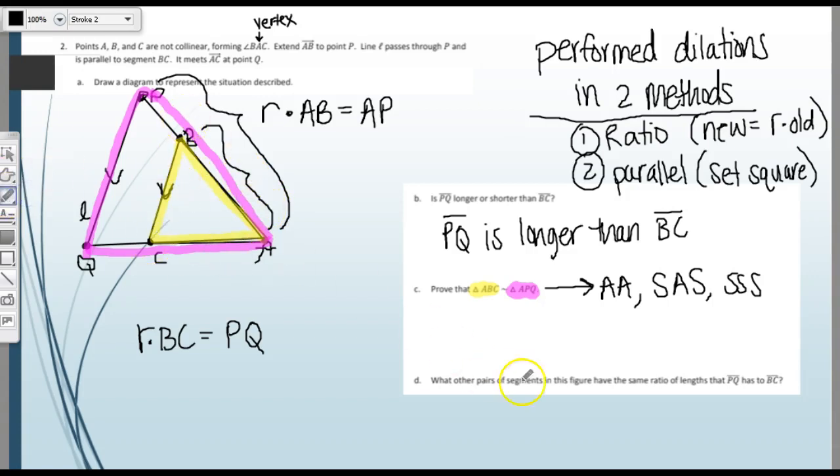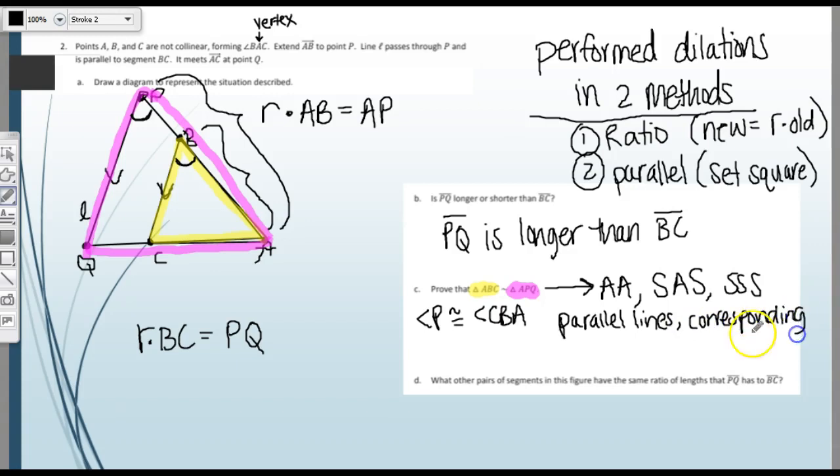So why do you want to say those 2? Why do you think that angle P is congruent to angle CBA? Yes! Y'all see that? P and CBA are congruent because when parallel lines are cut by a transversal, the corresponding angles are congruent. They have to be parallel for corresponding to work.